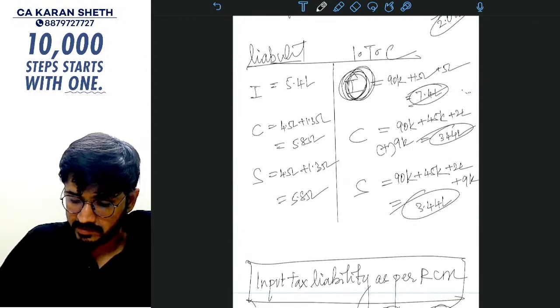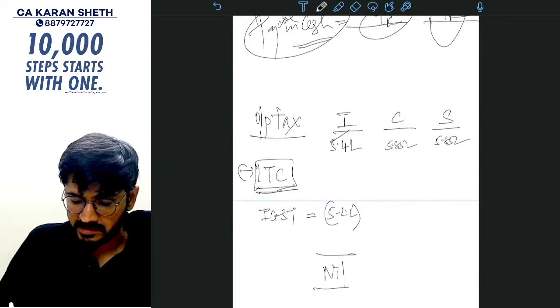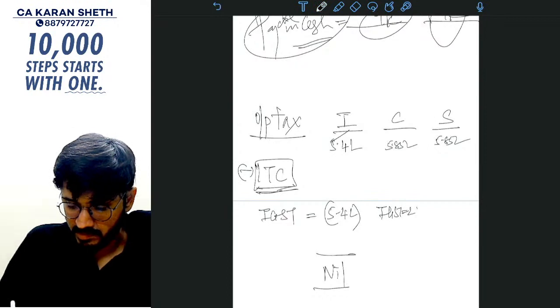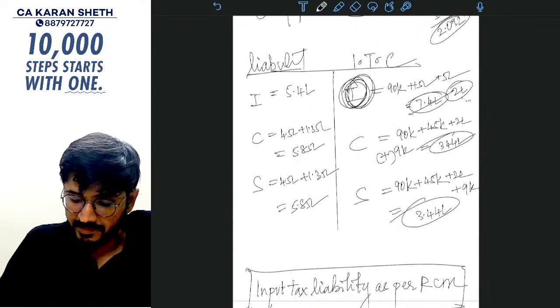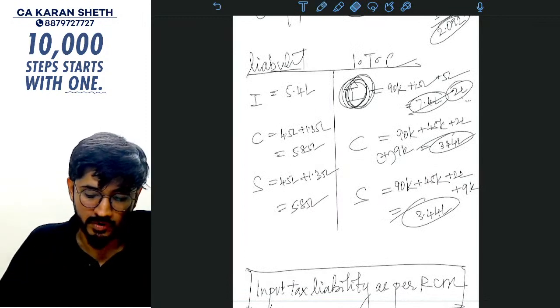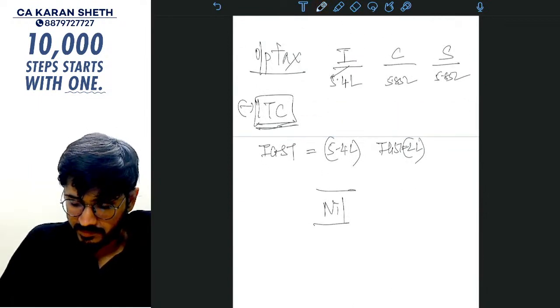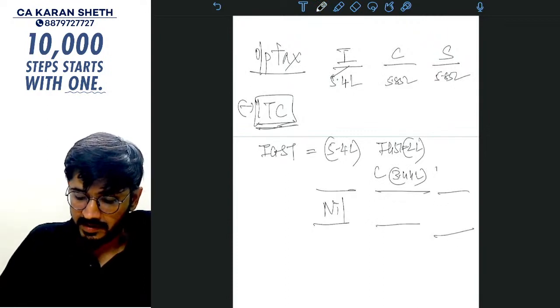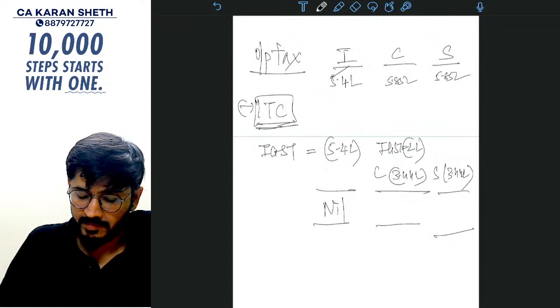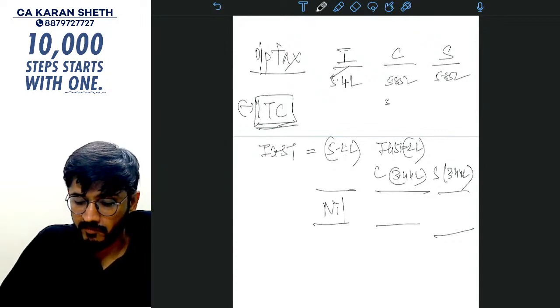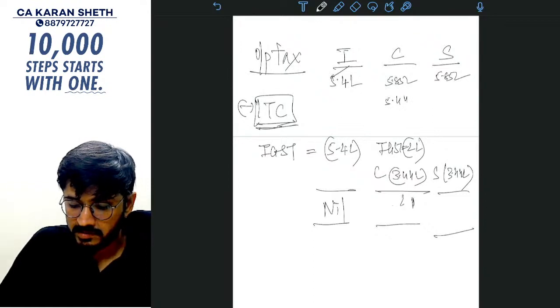So that's 2 lakhs. 2 lakhs I'm using against CGST. And then 3.44 I'm using here only, the entire CGST, and your SGST will be 3.44 again. So how much will this amount to? 5.44, that's 41,000.